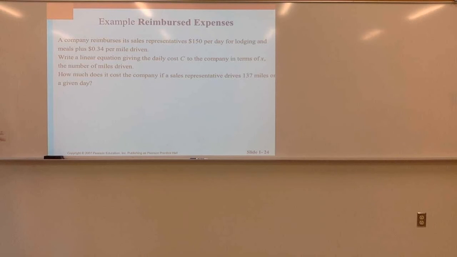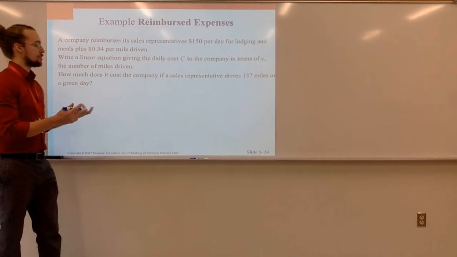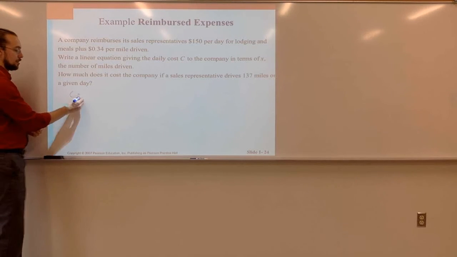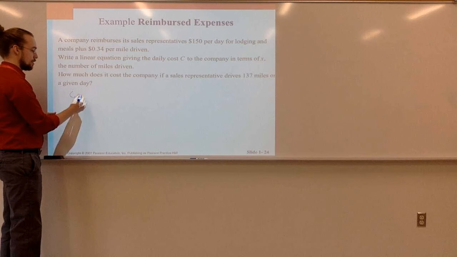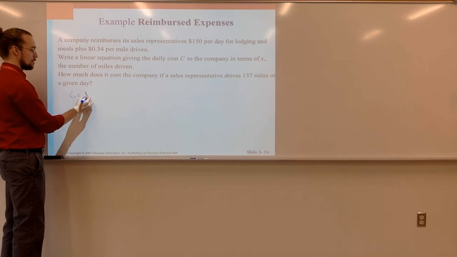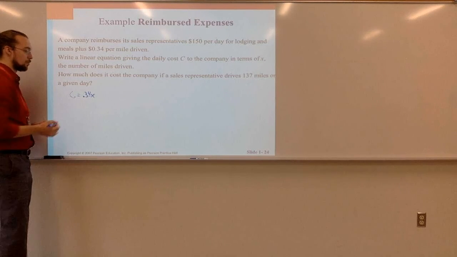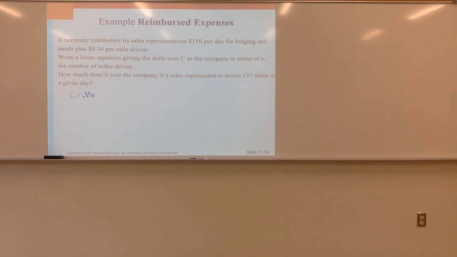So they say we're going to define the cost as C, so that'll be like our y. So C equals. Now, how would I represent this situation using a linear equation? This would be the slope. That's the thing that's changing. So we can say 0.34x plus 150.